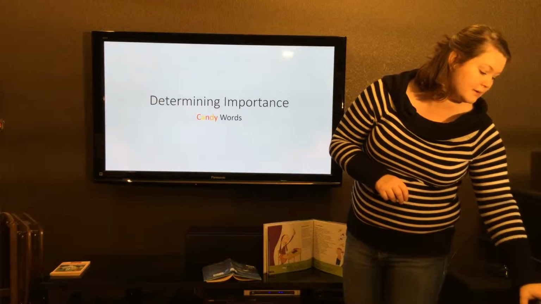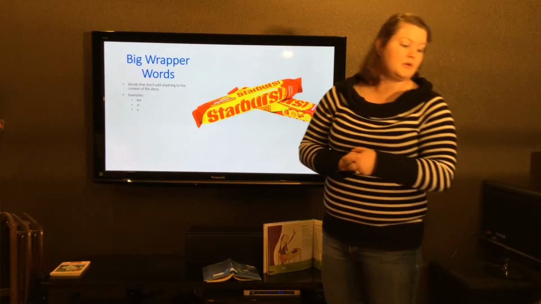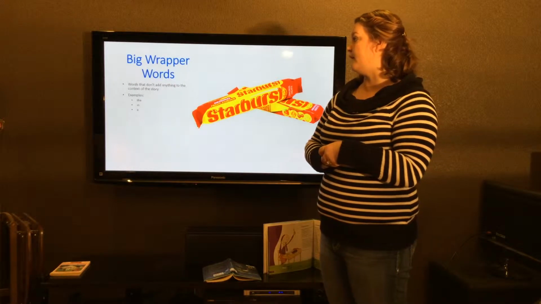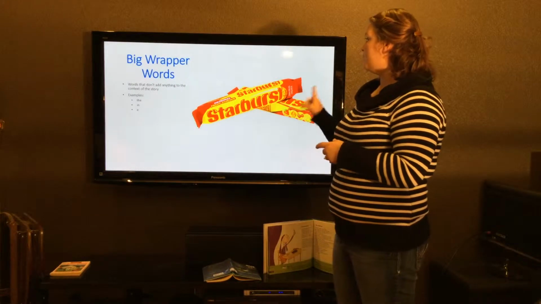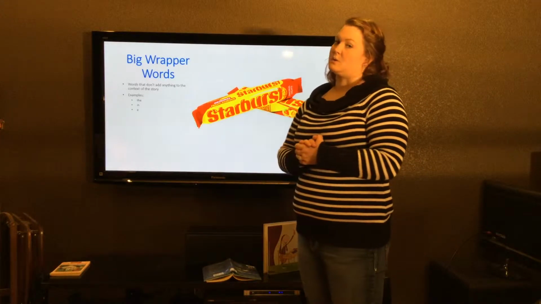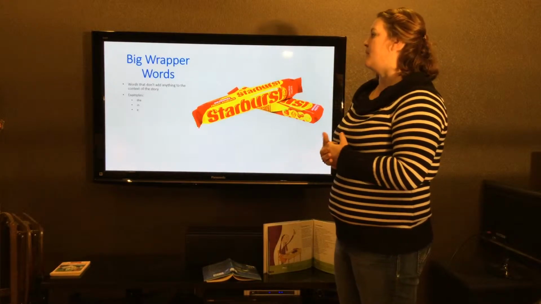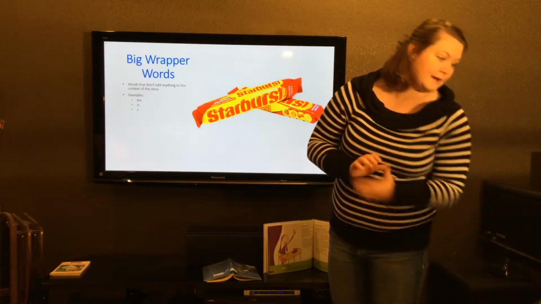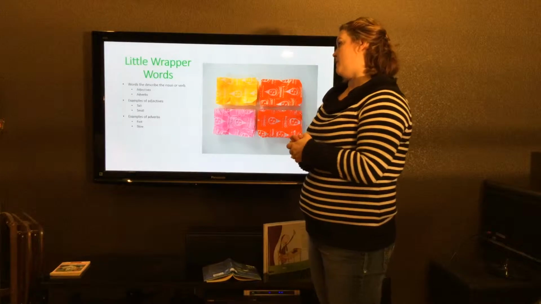So we're going to use a couple of examples using our candy to help us remember a couple of things. So when we have big wrapper words, these are words that don't really add anything to the story. A couple of examples are the, in, and a. The next thing we're going to talk about is little wrapper words.